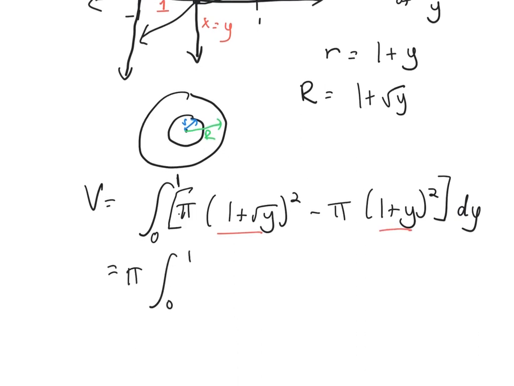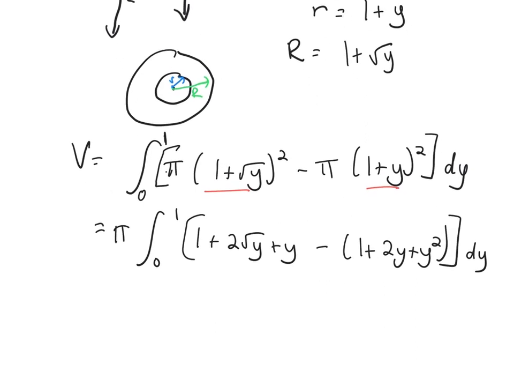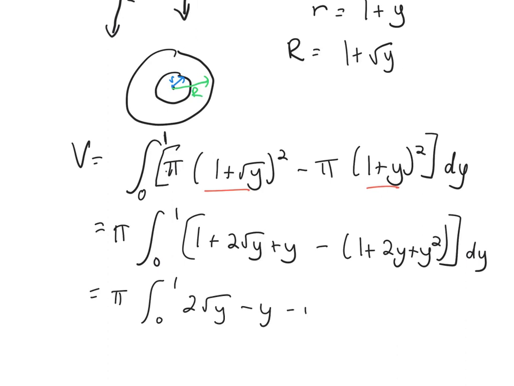So it looks like I get 1 plus 2 square roots of y plus y for the first one, minus 1 plus 2y plus y squared for the second one. And then you'll get pi. Combine your like terms, you'll get 2 square roots of y minus y squared.